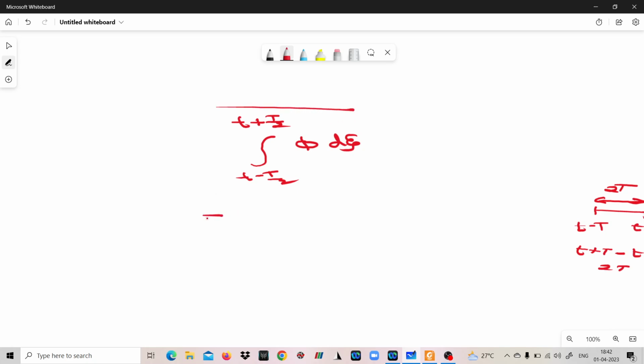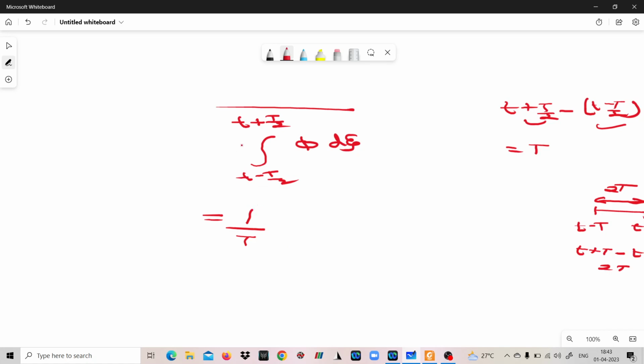Okay, so the time average of any quantity is 1 by the length of the time interval. So the length of the time interval here is what? It is t plus T by 2 minus t minus T by 2. So effectively you are left with T, because this T by 2 and this T by 2 will get added. So 1 by T.